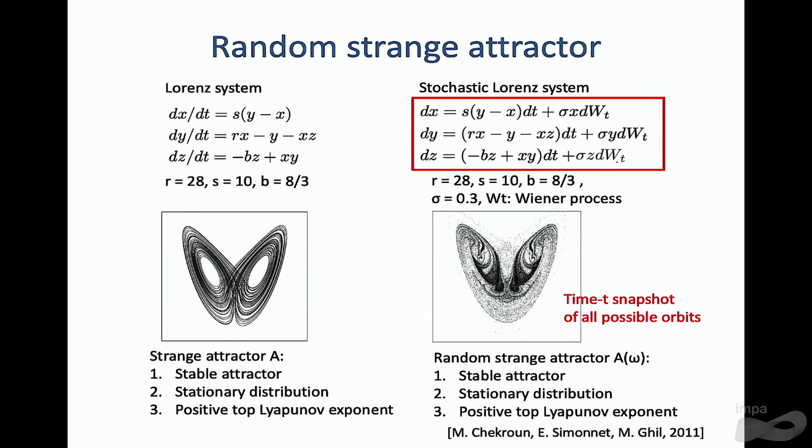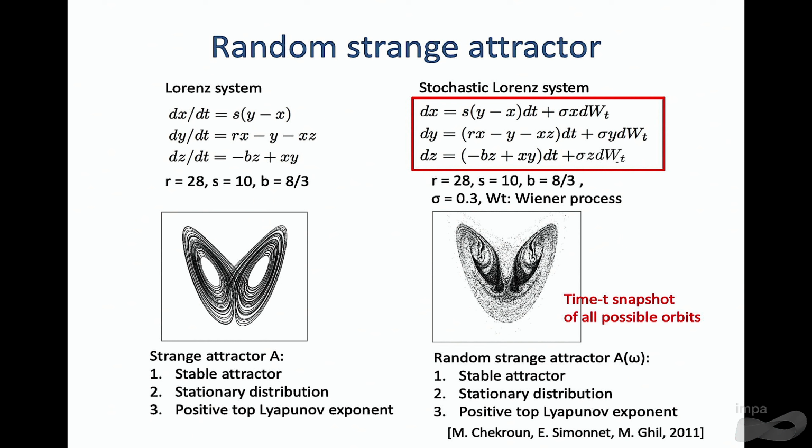But we could extend this to the high-dimensional case. For example, the drift term can be replaced by the standard Lorenz equation, and we could put in a multiplicative noise term. It was created by the climate dynamics group. It's called the stochastic Lorenz system, and we can have a strange attractor, a chaotic attractor.